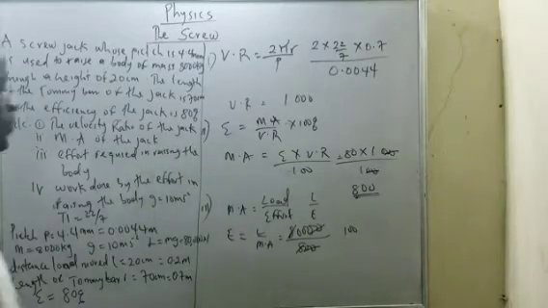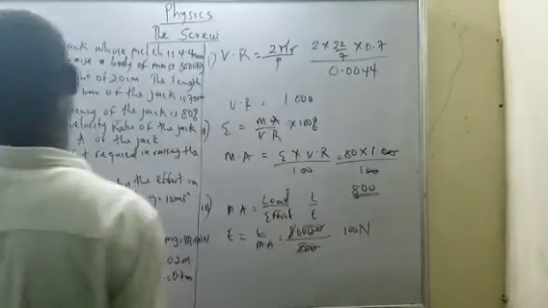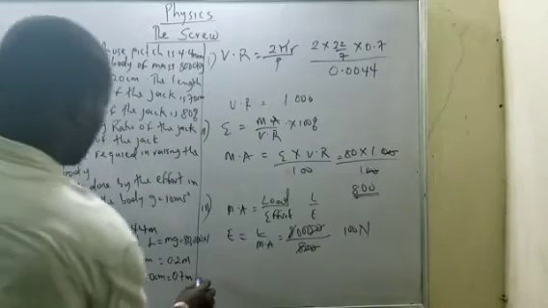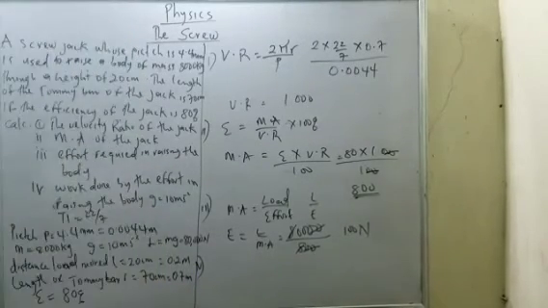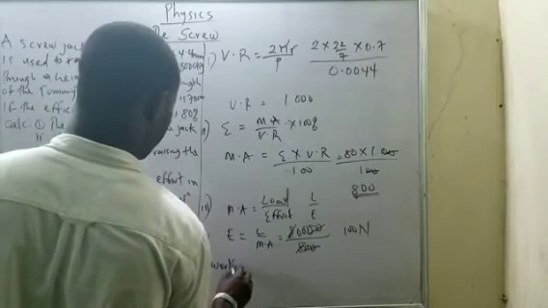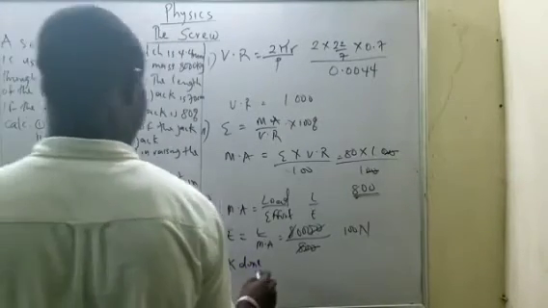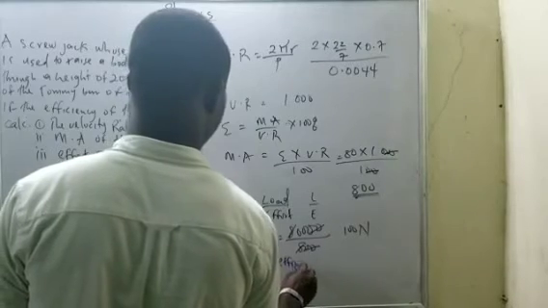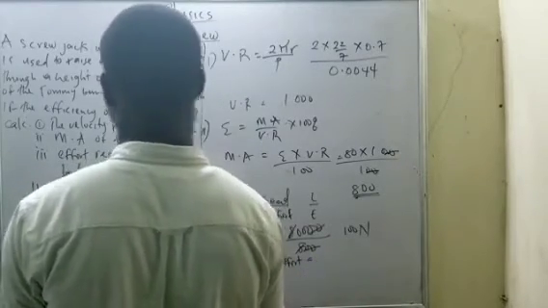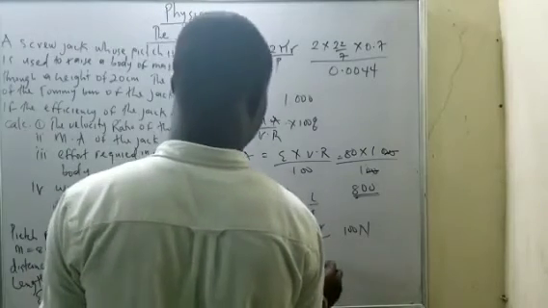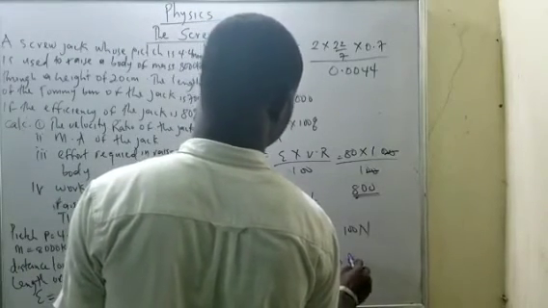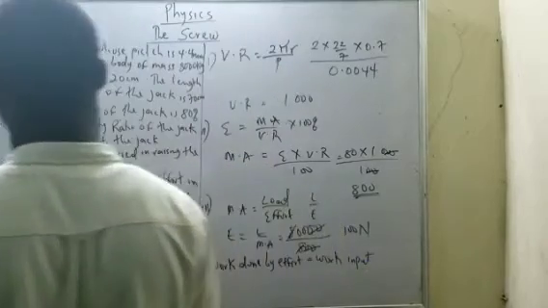Now, the next one is number 4, work done by the effort. How do I get my work done? My work done by the effort equals work input.